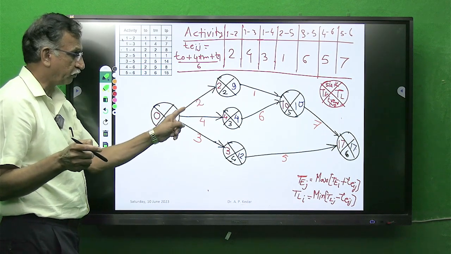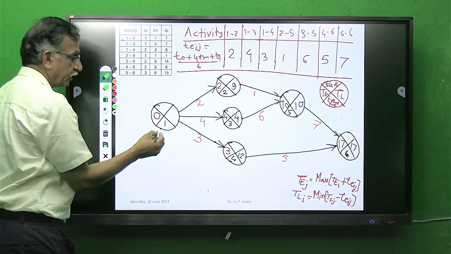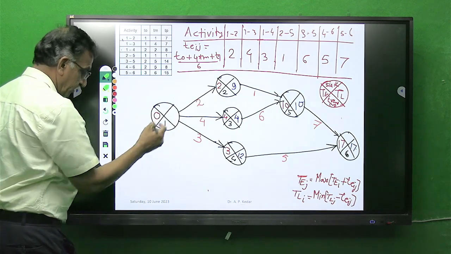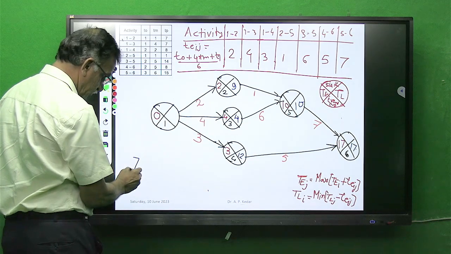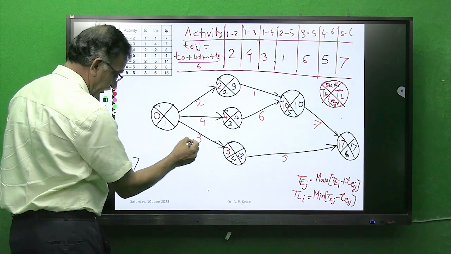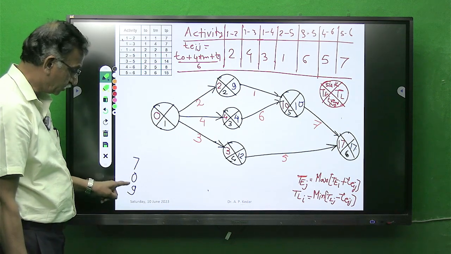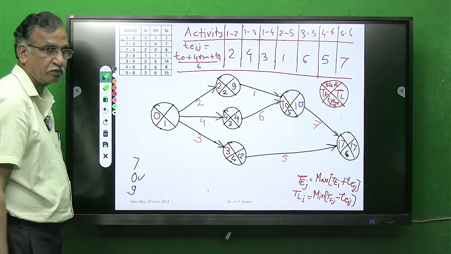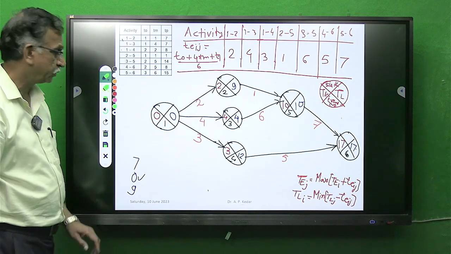And 12 minus 3, 9. So among these three values, this is minimum. So I will write 0 over here.